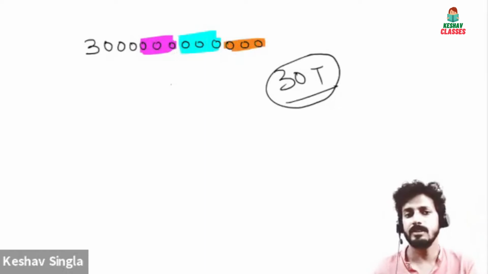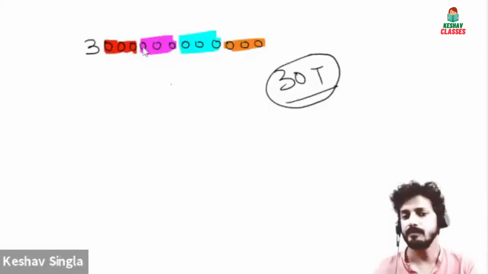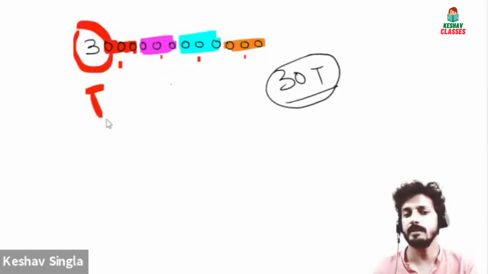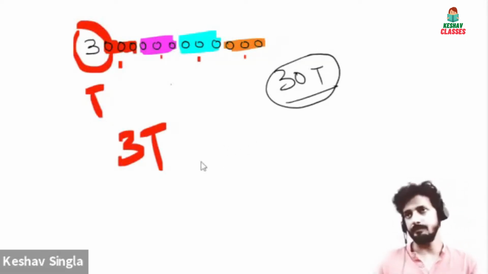Okay. Let's also color the next three. This is 0 billion. 0 billion, 0 million, 0 thousand, 0. And this one is for trillion. So this is 3 trillion. Got it?